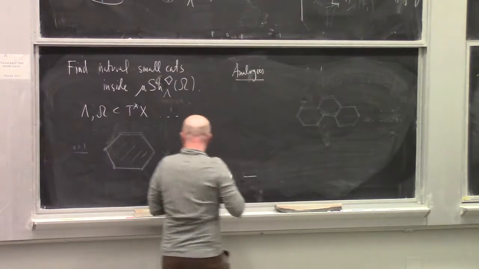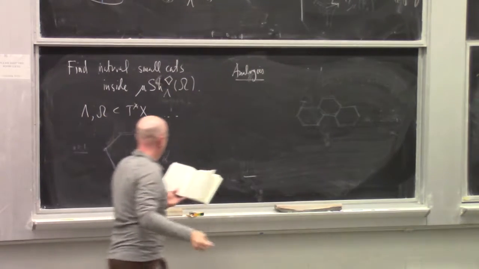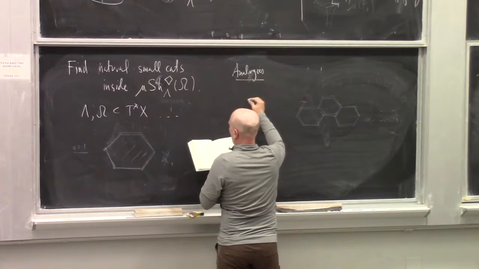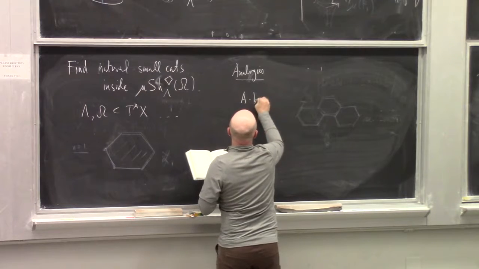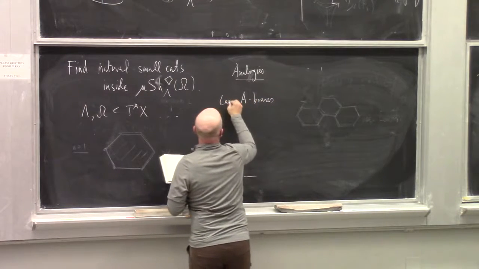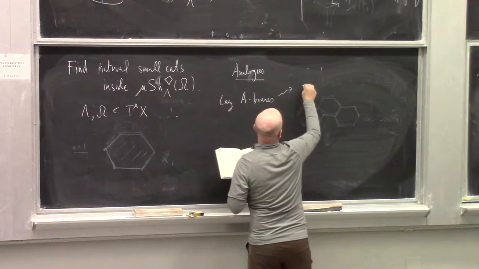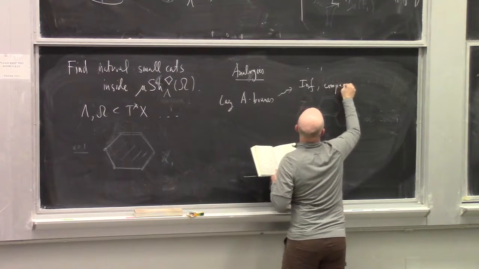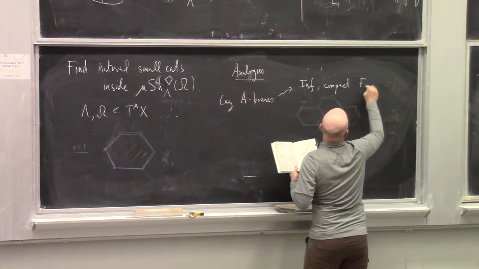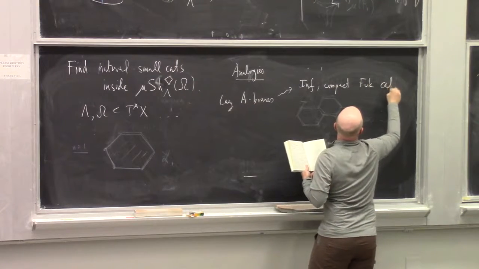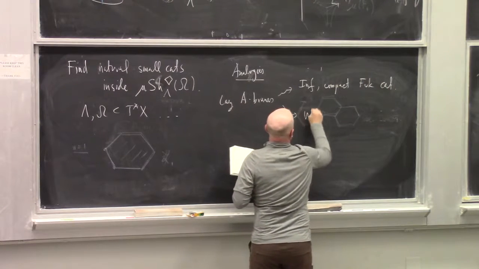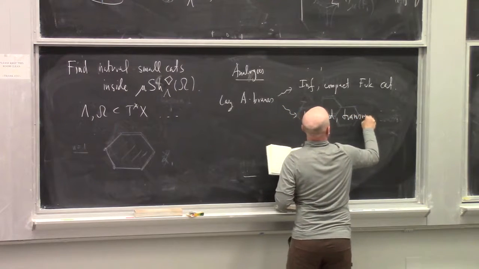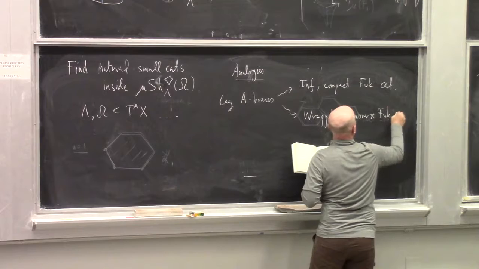Here are some analogies to keep in mind. A-branes, or Lagrangian A-branes, have two versions. There's what you could call the infinitesimal or compact Fukaya category, and then there's the wrapped or transverse Fukaya category.